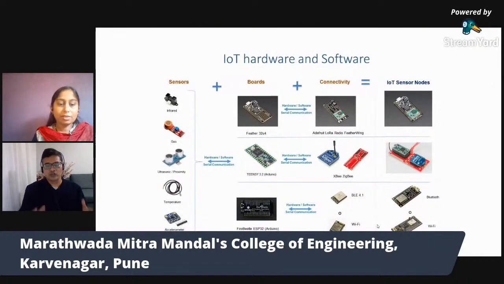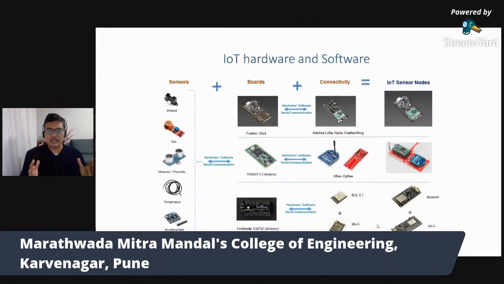When we talk about IoT networking, I think you are already aware of this world of IoT, wherein we have sensors. You have a variety of sensors helping you to collect lots of data from the environment. If you take a simple example, a temperature and humidity sensor, for instance, you have an infrared sensor, you have an ultrasonic sensor, which is used for proximity and range detection.